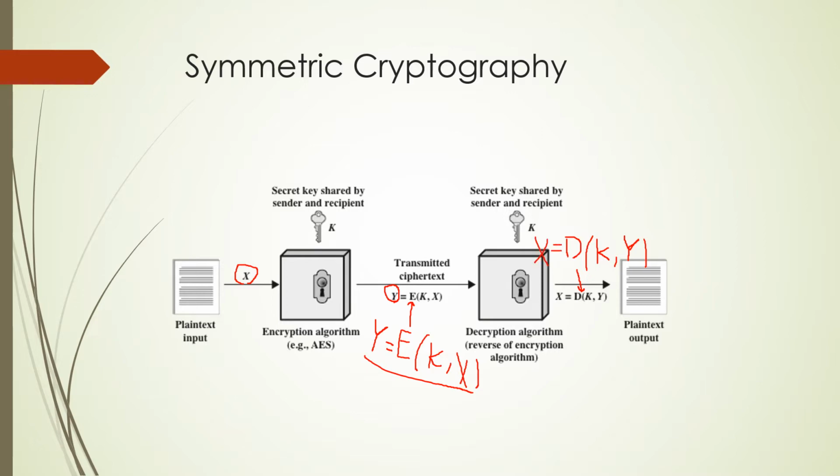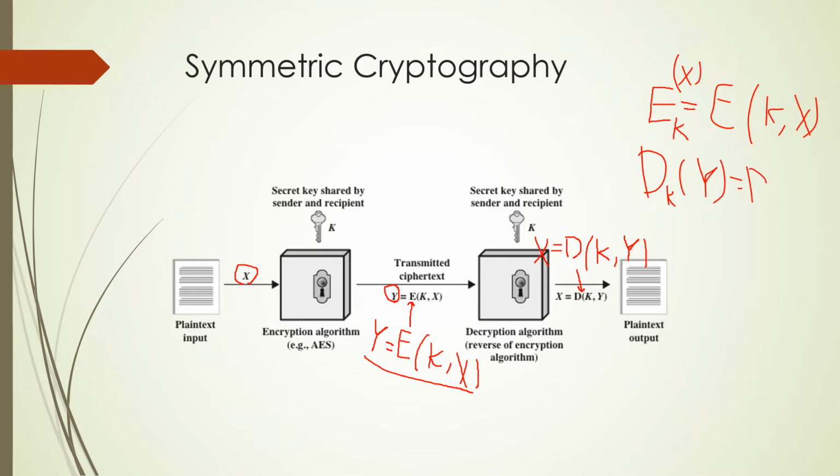Now, if I say E sub K of X is equal to E of K and X, and D sub K of Y equals D of K and Y, then it's easy to see that E sub K of D sub K of Y is equal to Y, right?